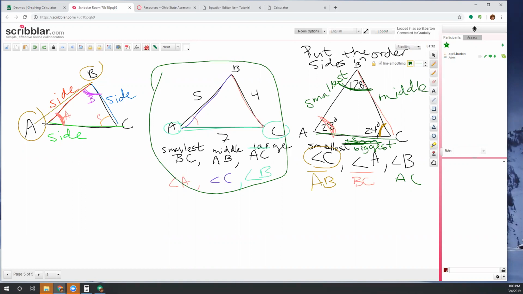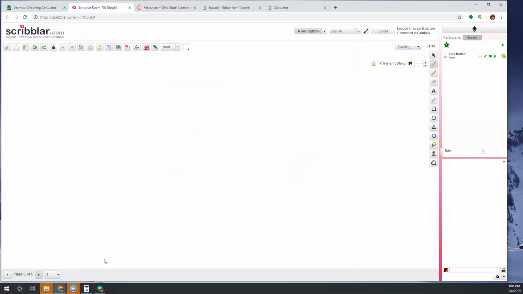So another type of question on this first section, this is semester 2, the very first assignment, is what side lengths can make a triangle?